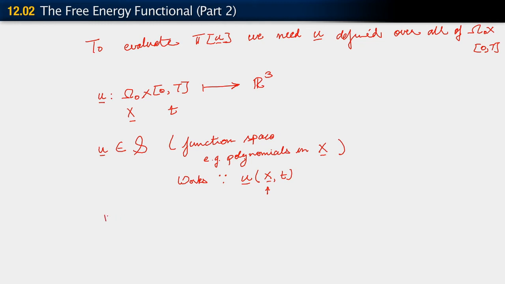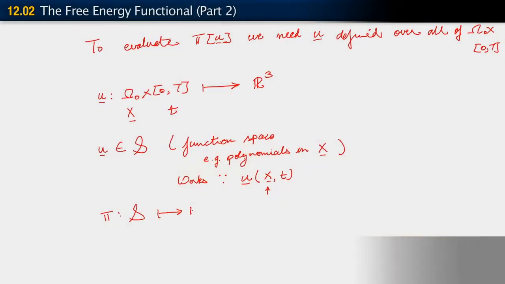In this sense, the functional pi is a mapping from the space S into another space. What kind of space does pi map into? What are the values that you get for pi finally? Remember, pi is an energy, or a thermodynamic potential, which is a scalar. So pi is a mapping from our function space S into R. So we have this idea of a functional that we've denoted as pi.